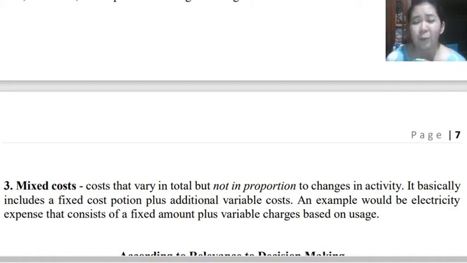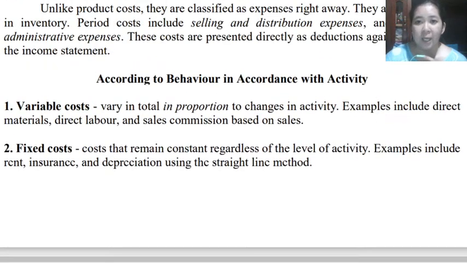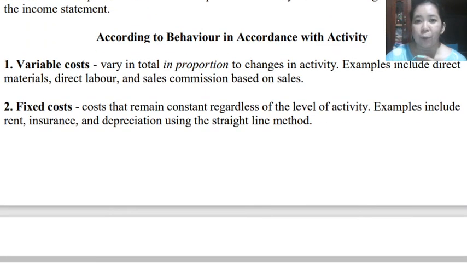That is what makes our electricity expense a variable cost. Okay, so those are the three classifications of costs according to their behavior in proportion with our activity.